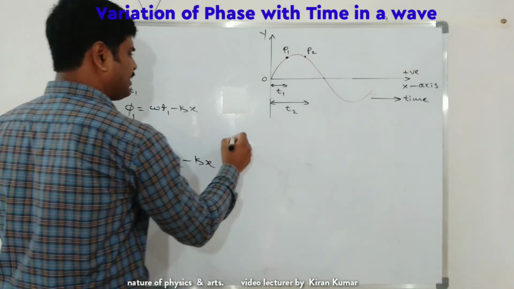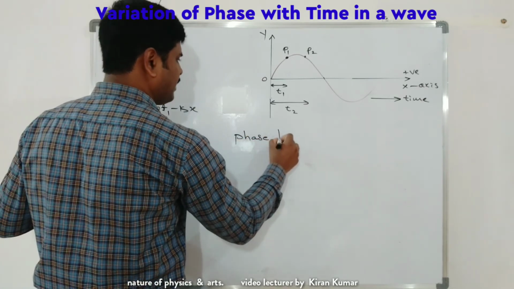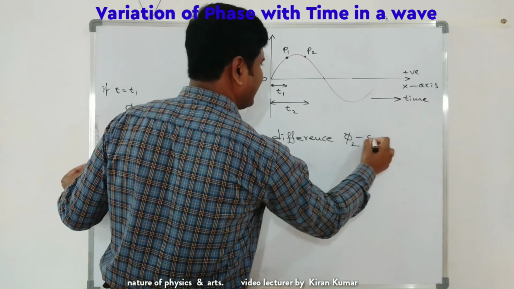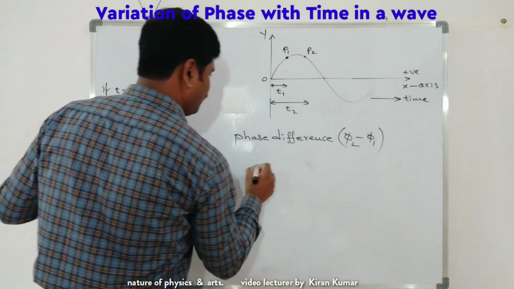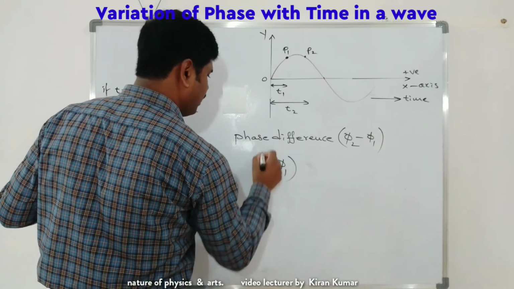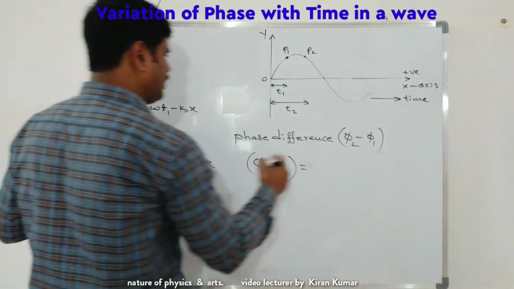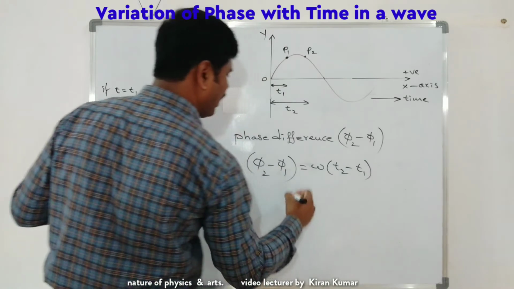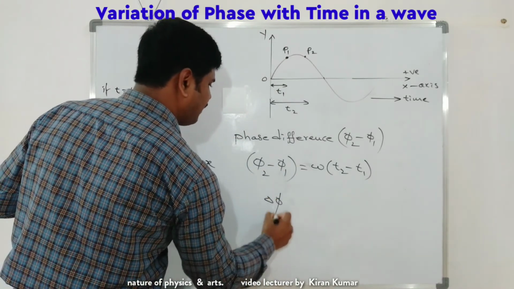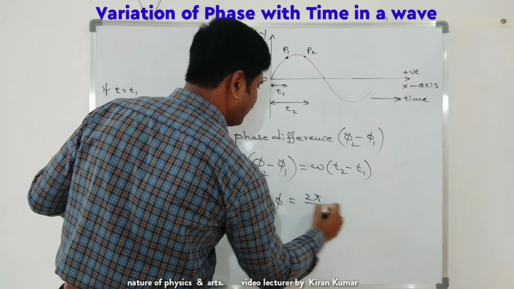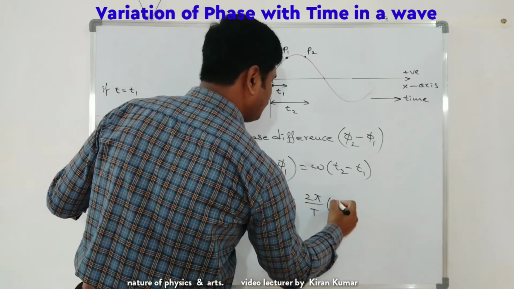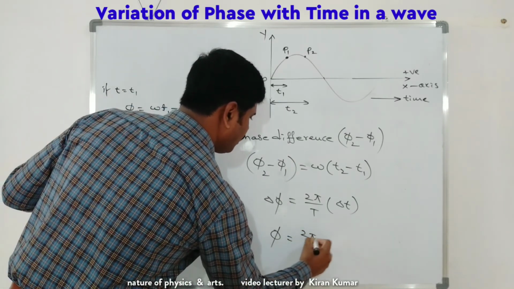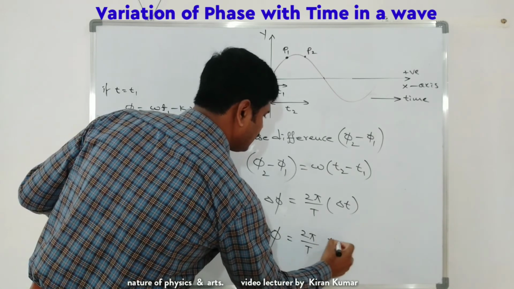So now the phase difference is phi 2 minus phi 1, which is equal to omega common, T2 minus T1. So this is delta phi, which is equal to 2 pi by T, that is omega into delta t. Simply we can write here phi is equal to 2 pi by T into small t.